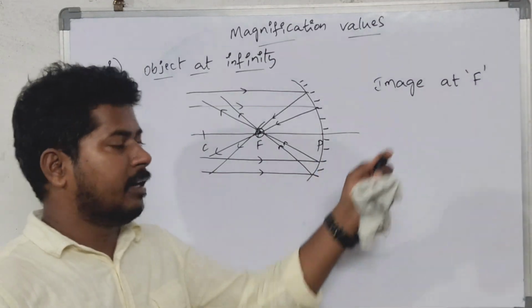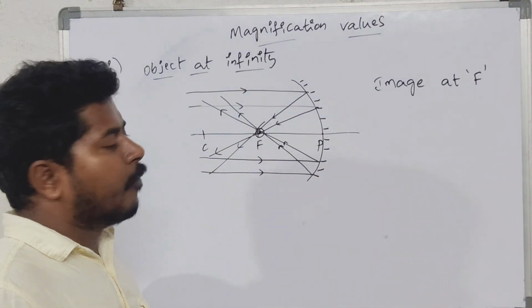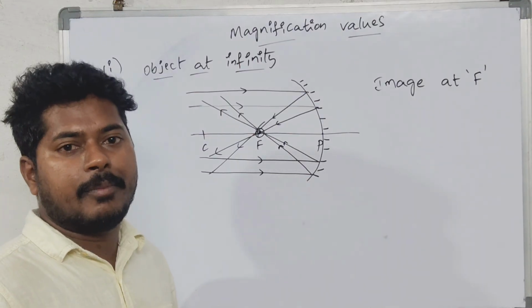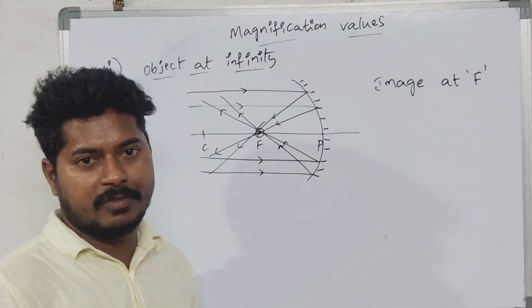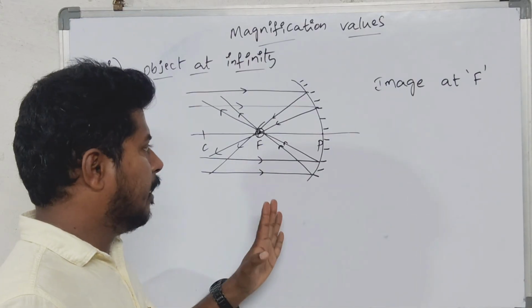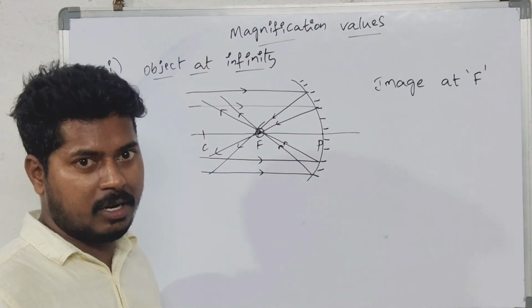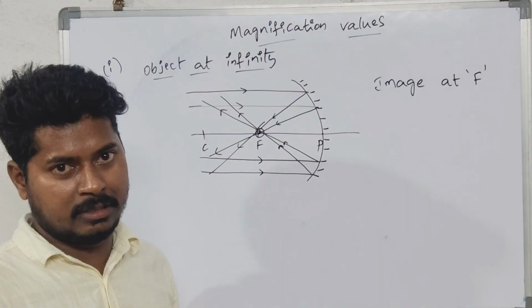This is the first point. Then, what is the size of the image? One thing we have to remember, the size of the image should be measured from the principal axis.